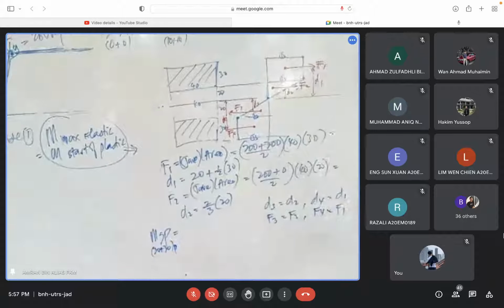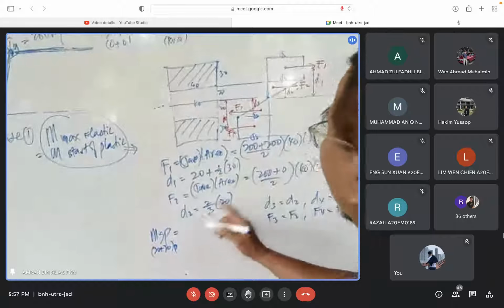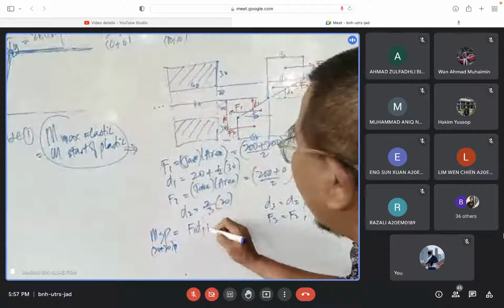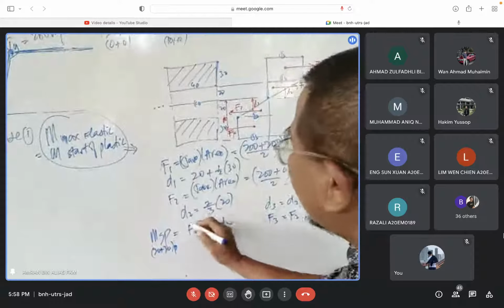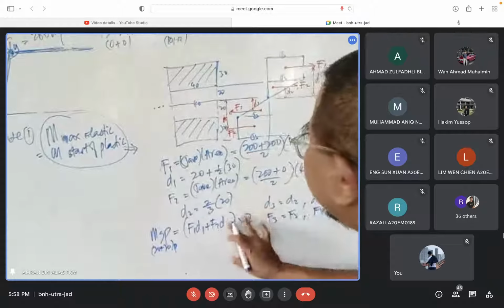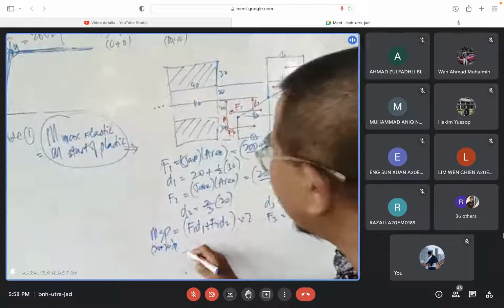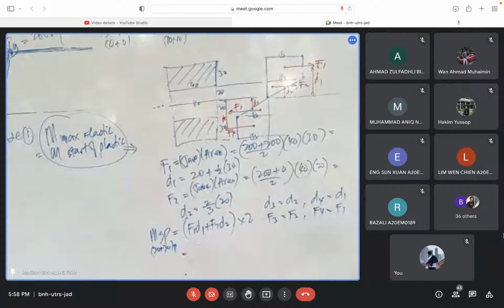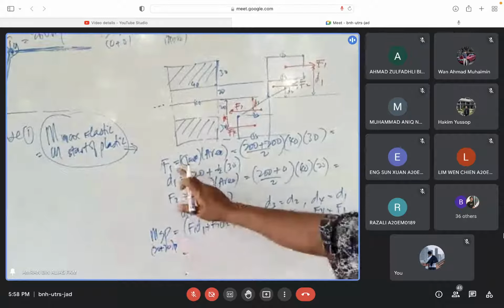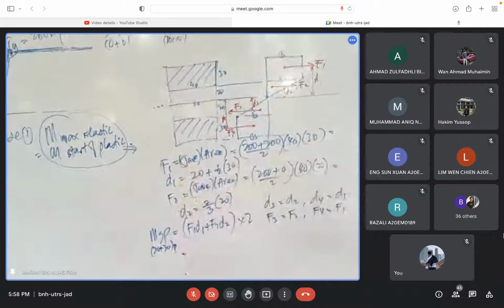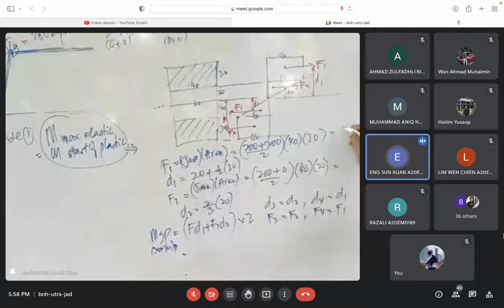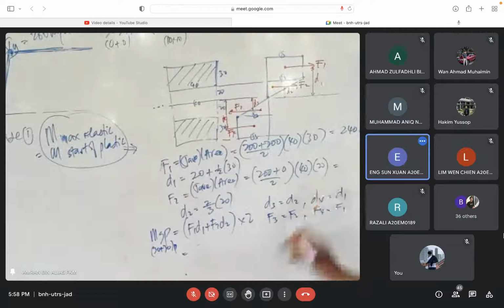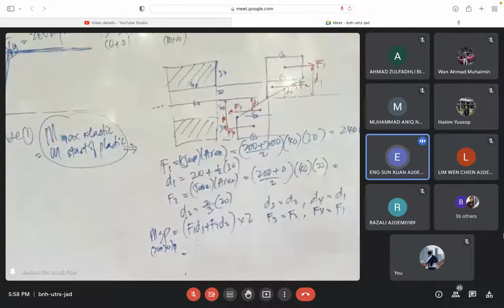So what is the value there? F1 times D1 plus F2 times D2 and then times 2, symmetry. So what is the value there? What is F1 first? What is the value of F1 here? 240 kilonewton. F2? 80 kilonewton.